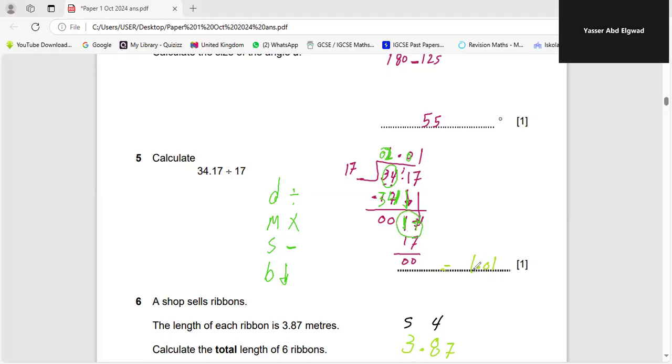The answer is gonna be 0.2001. Here is the answer. Right, we have a little bit of a mistake. Some students say 0.1. It's wrong because we have to drop only 1 digit, not 2 digits.